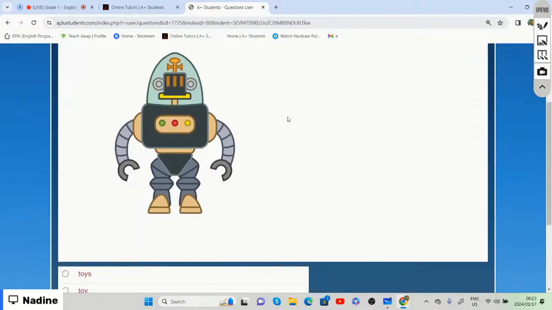Which word matches the picture? Is this 1 toys or 1 toy?